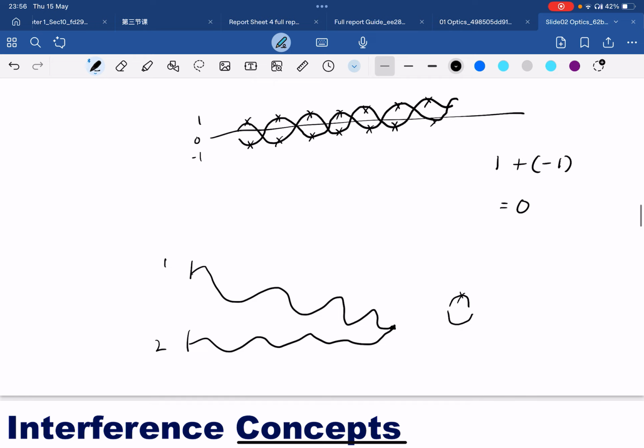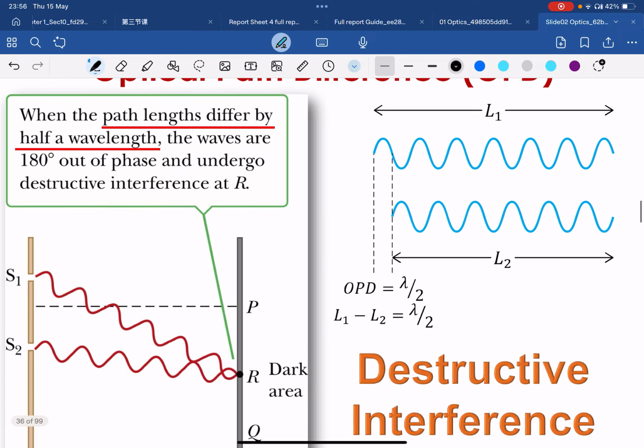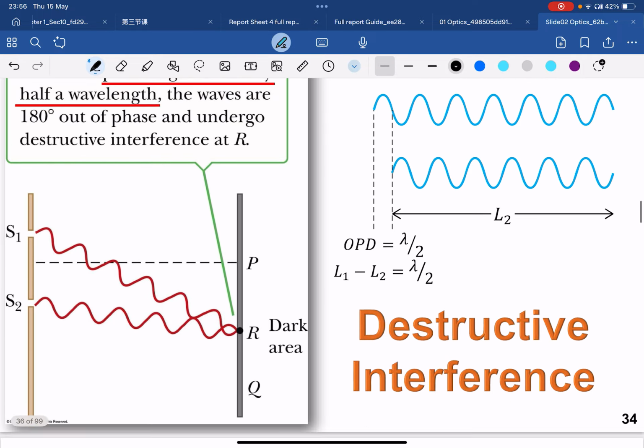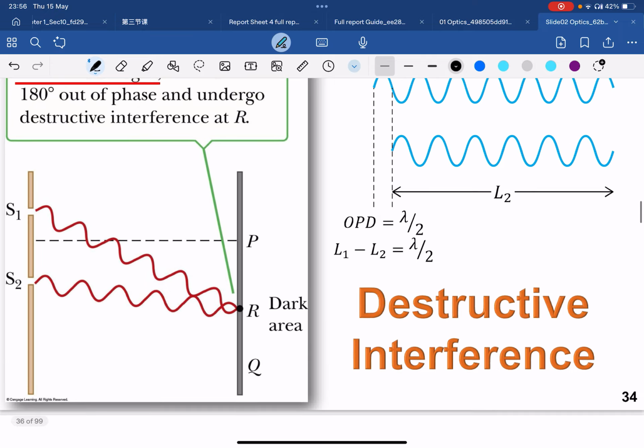So one is going to be at 1 and the other one is going to be at -1. So at this point, it's going to be a destructive interference.